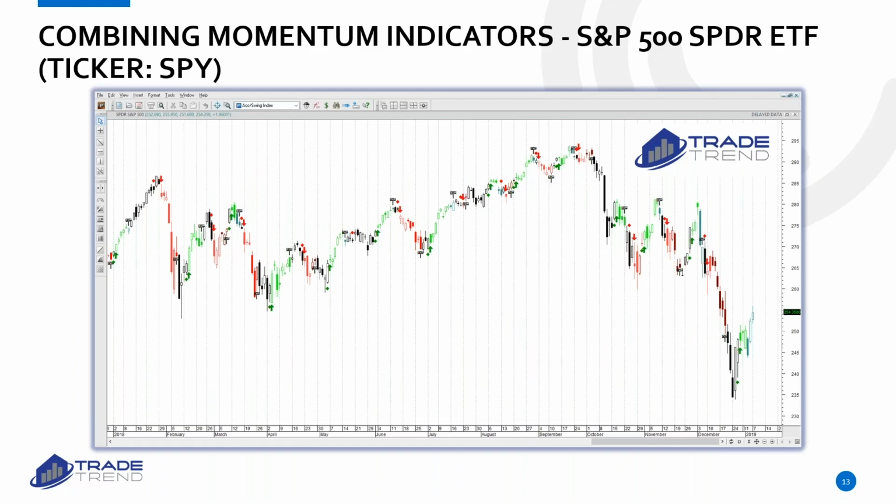So this is a screenshot of Trade Trend in the MetaStock platform, and it's a chart of the S&P 500 ETF, the SPY. And we've plotted all of our Trade Trend signals that combine a proprietary blend of momentum indicators that do an incredible job.